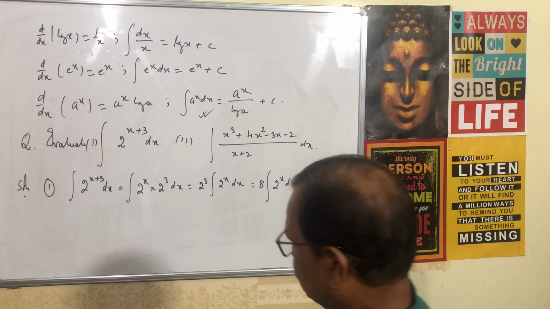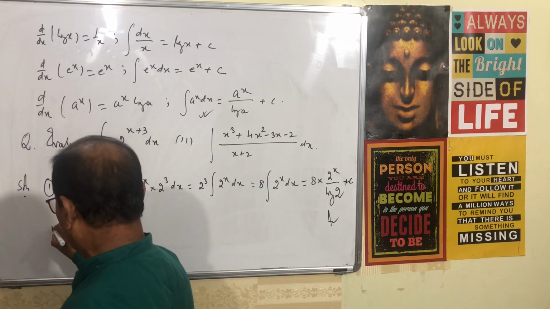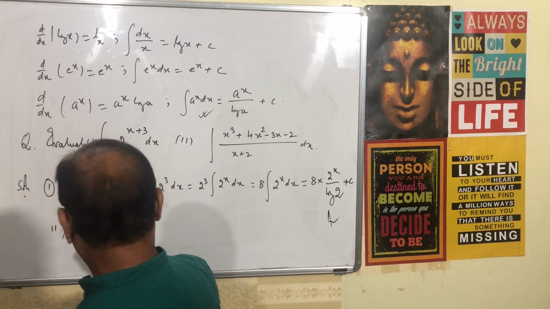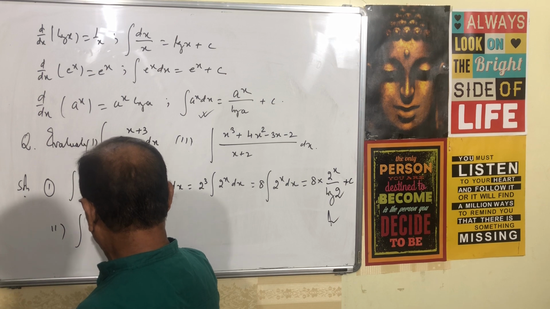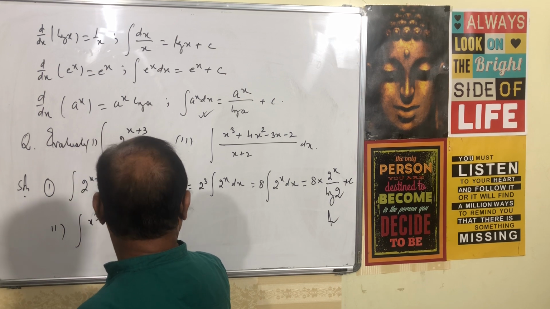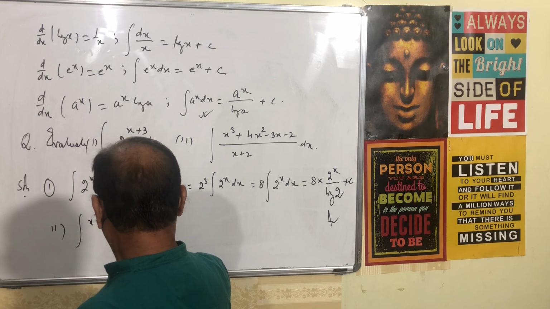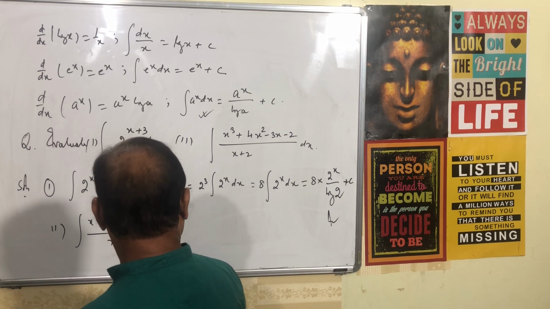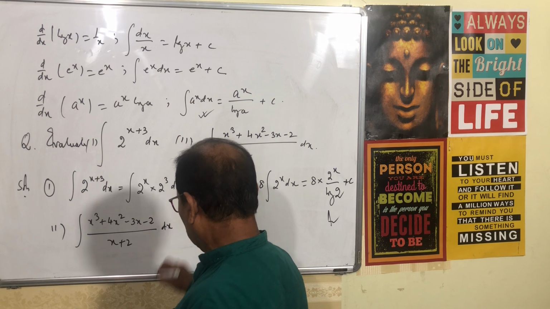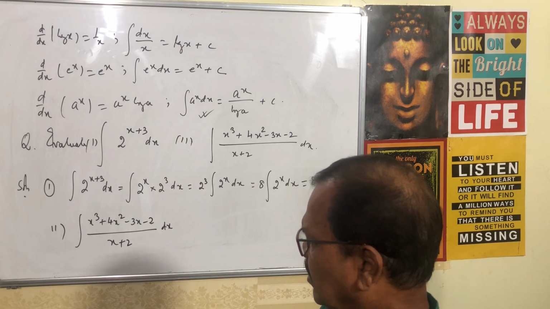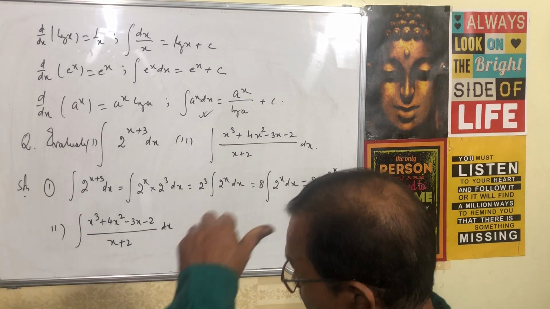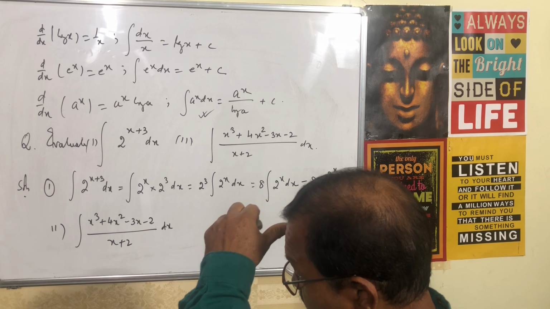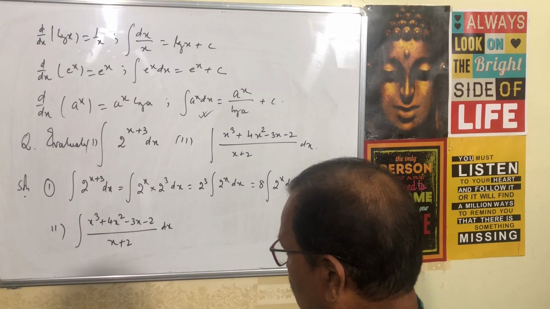Now, the second question is integrate x cube plus 4x square minus 3x minus 2 upon x plus 2 dx. Now, here we shall take up factorization.